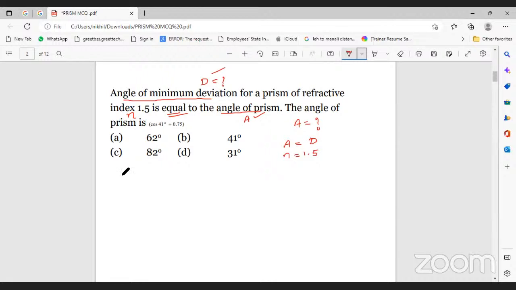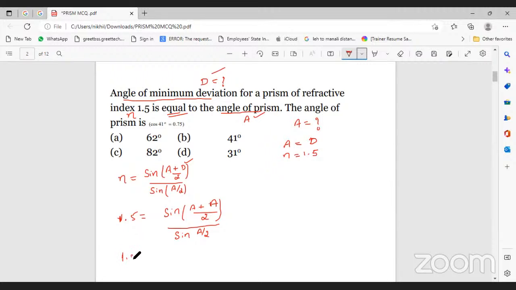So what is the prism formula? n equals sine of (A plus D) by 2, the whole sine thing, divided by sine of A by 2.